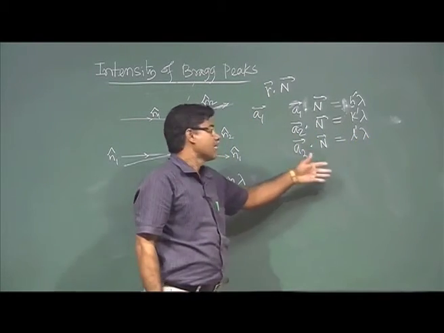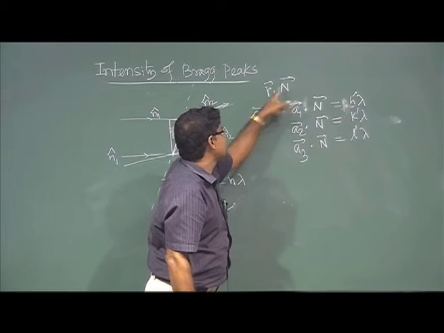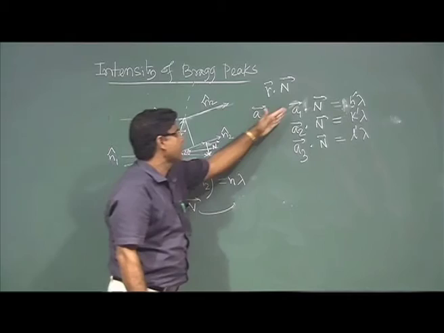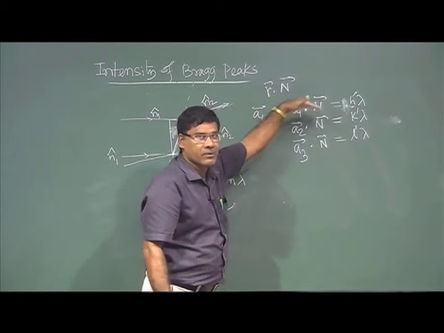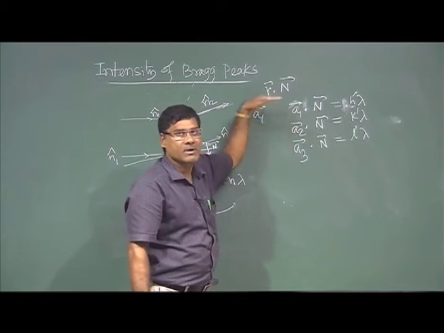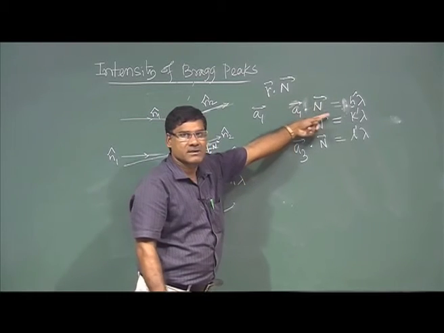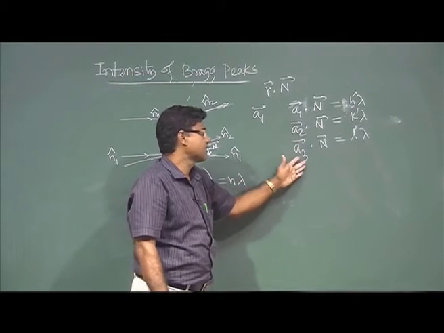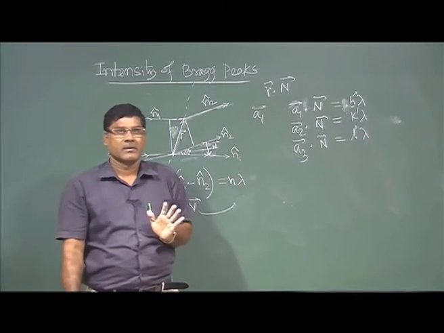Right, that I can write, and I am writing this because it is valid along a row, right. Now, I have taken this one along a row, in the A1 direction. It will work, and in the A2 direction individually it will work, and in the A3 direction it will work, right.